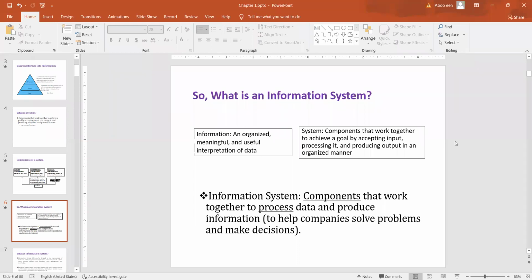These information systems are used to convert the raw data, process it, and produce meaningful information to solve some problem or to take managerial decisions. So in this information system, the connected elements such as people, procedures, data and information, hardware and software are there.